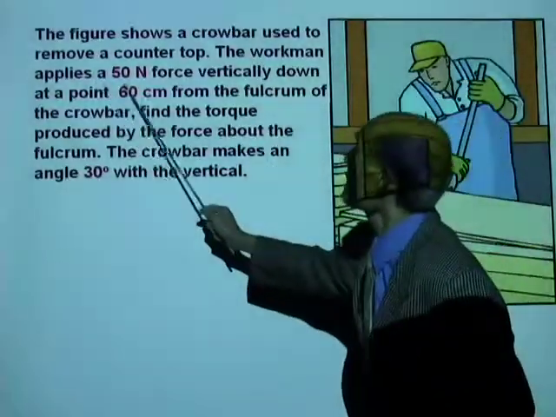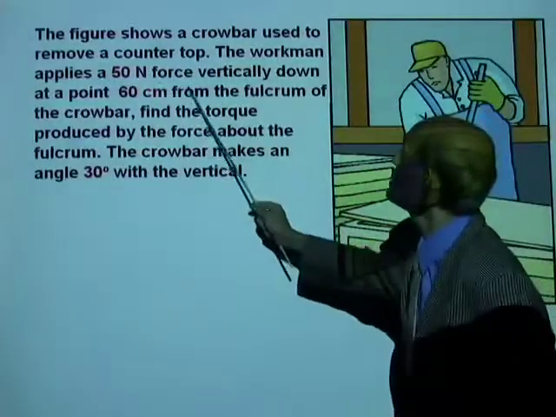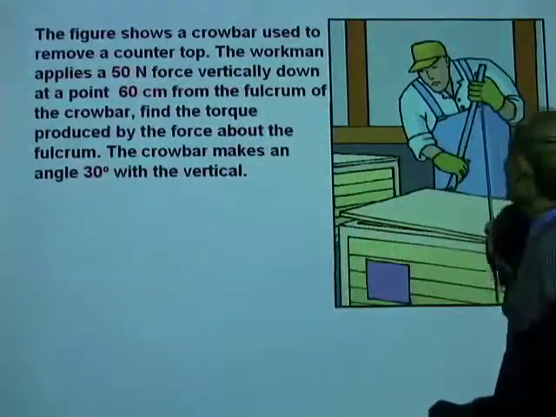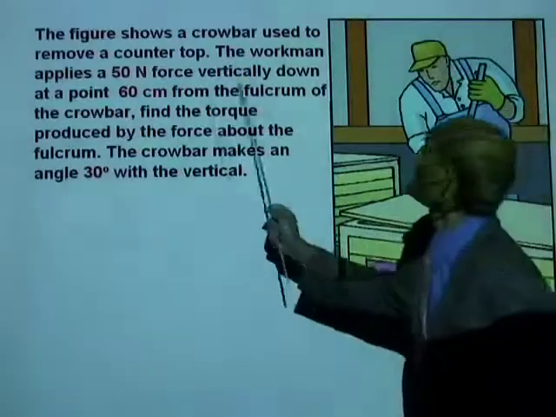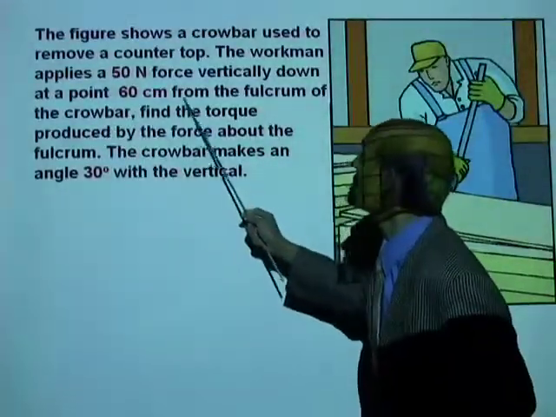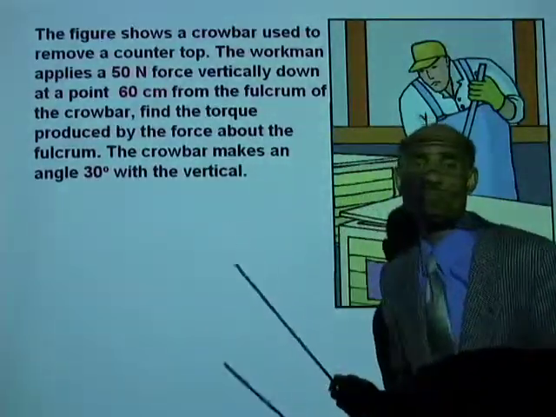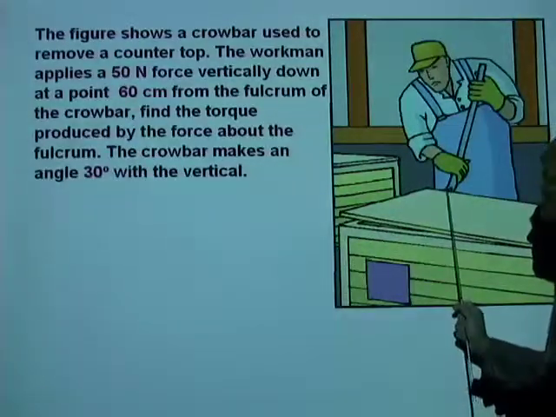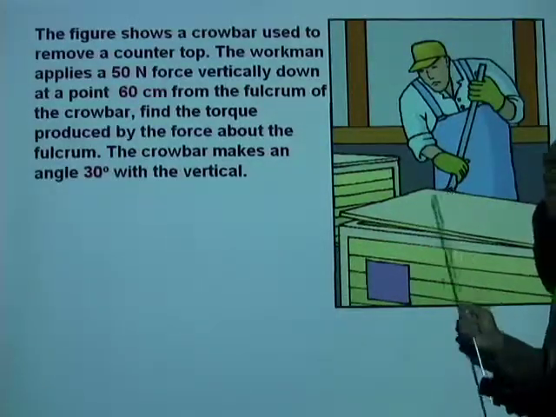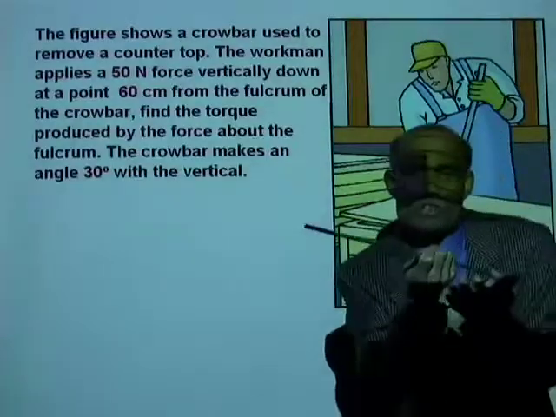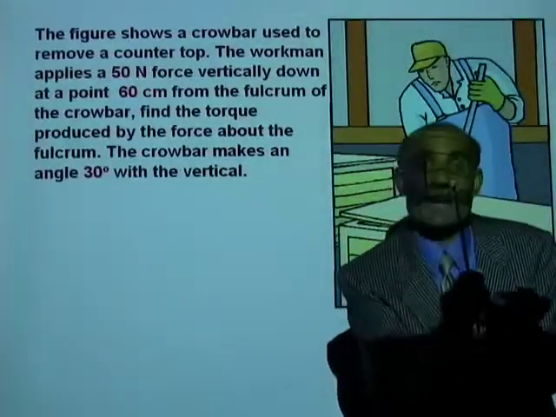The workman applies a force of 50 Newton vertically down at a point 60 centimeter from the fulcrum. Actually, the fulcrum is where the end of the crowbar is resting on the countertop.